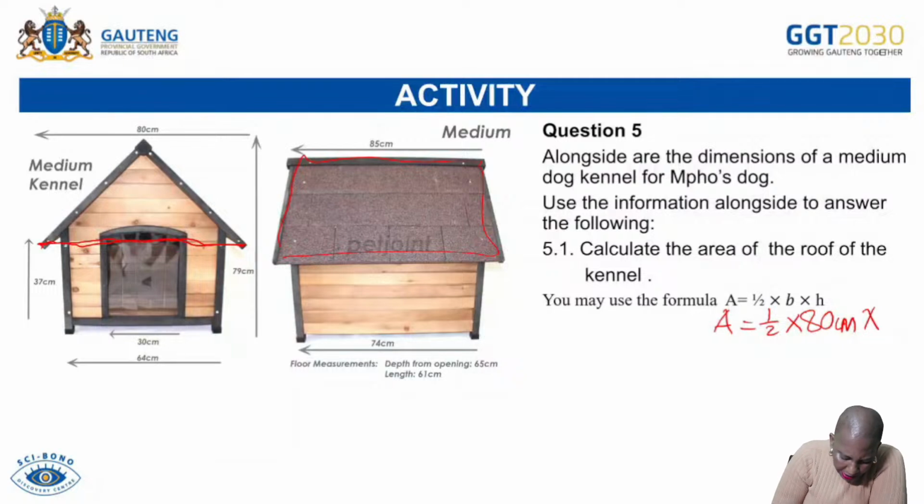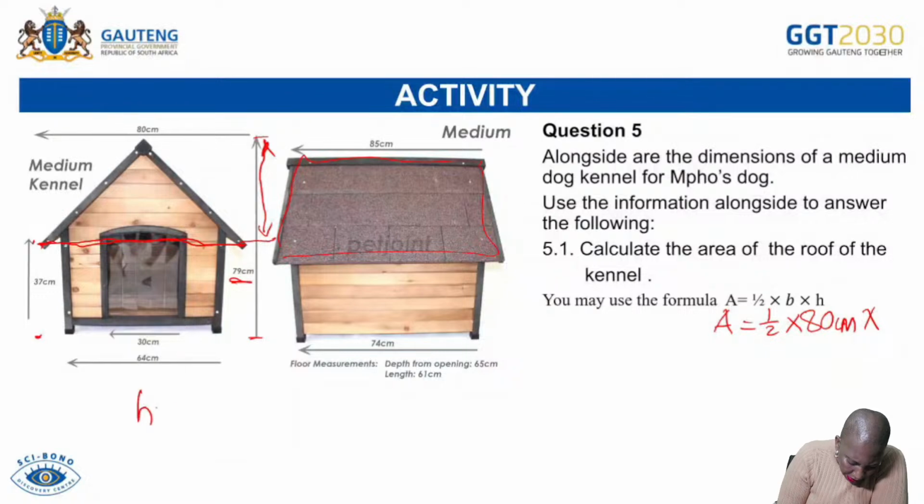And then the height, how do we determine the height? They are telling us that from the bottom up until here, it is 79 centimeters. And from the bottom up until the halfway of the kennel, it is 37.